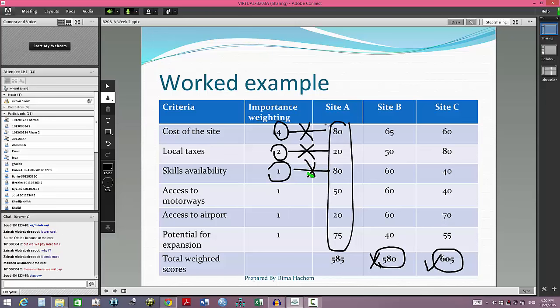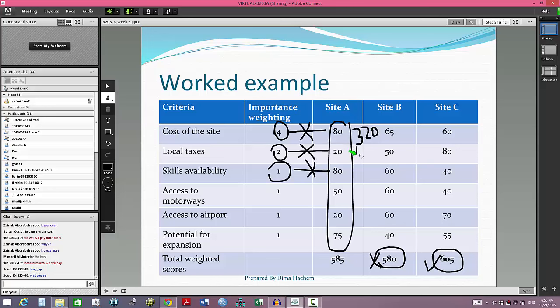And then after that, you add them. For example here, 4 multiplied by 80 is equal to 320, right? Okay.